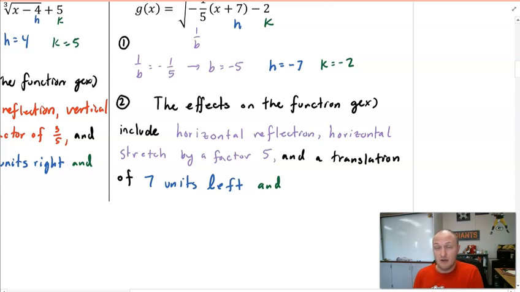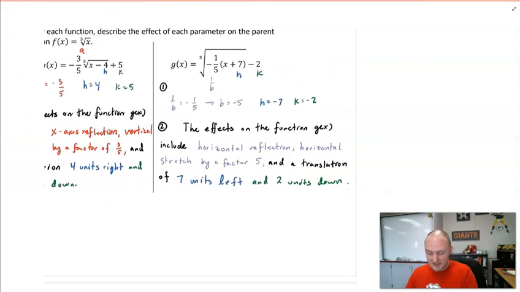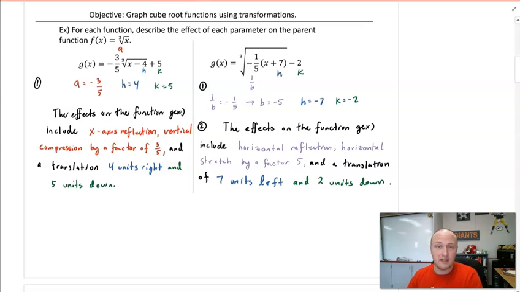And then as far as the down, and 2 units down. Okay, again, I don't include -2, it's just 2 units down. Okay, so that's transformations. That's going to be a part of what we're doing today in our lesson. We're going to go ahead and graph these, based upon these transformations and kind of how they affect our parent function.